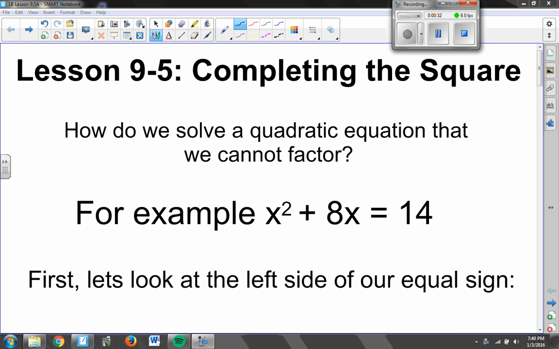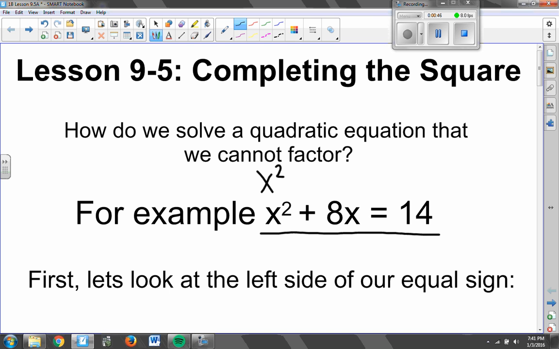For example, this quadratic equation right here: x squared plus 8x is equal to 14. Now we could turn this into standard form, right? We should remember what that means. Getting it equal to 0 by subtracting 14 from both sides, now it equals 0.